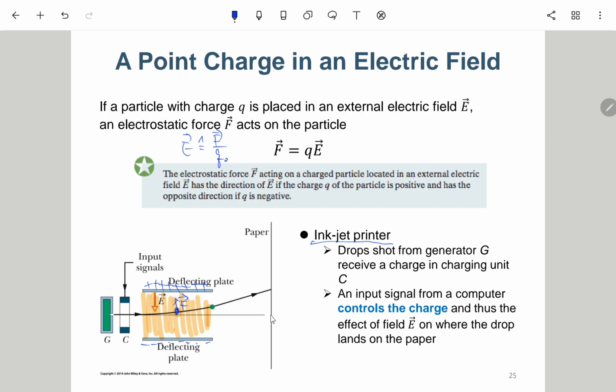Okay, so that's the idea of how to control where to print a specific color. It says the drop shot from generator G receives a charge in the charging unit.